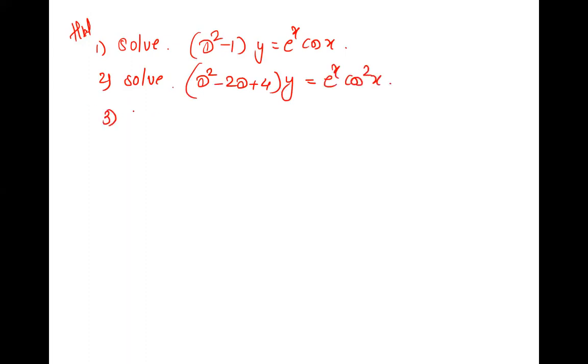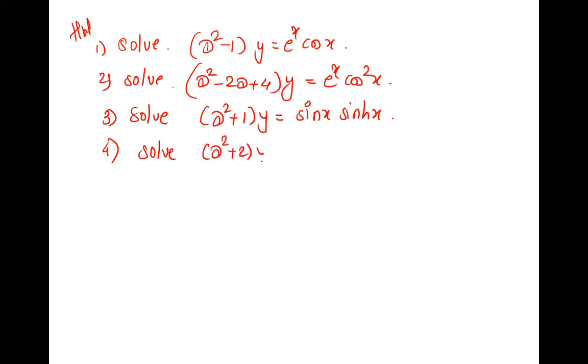Third, D squared plus 1 y equals sin x, sin hyperbolic x. And last, D squared plus 2y equals e raised to x cos x plus x squared e raised to 3x.